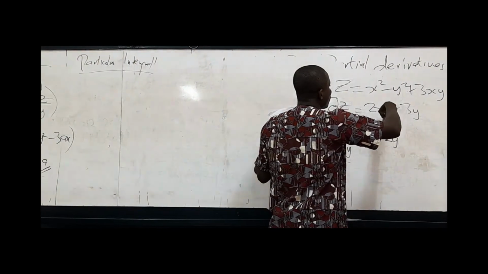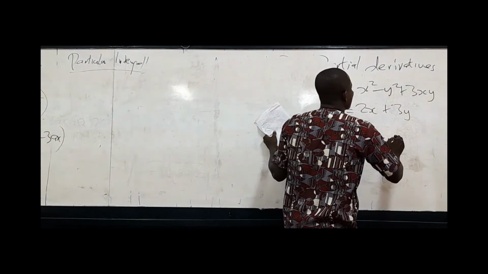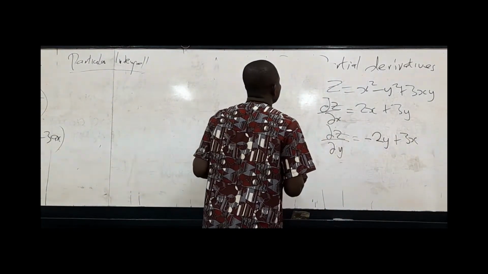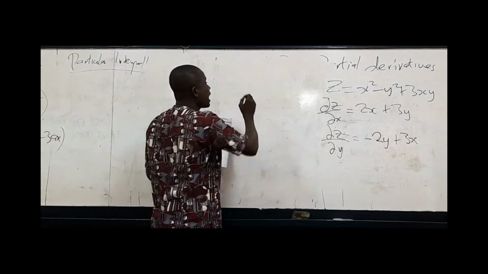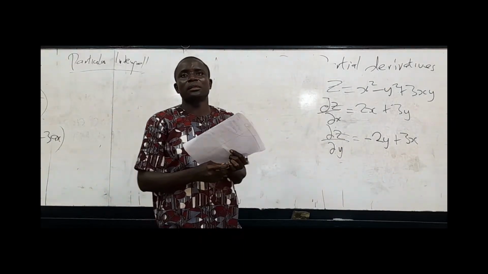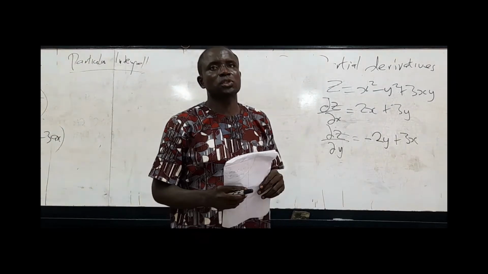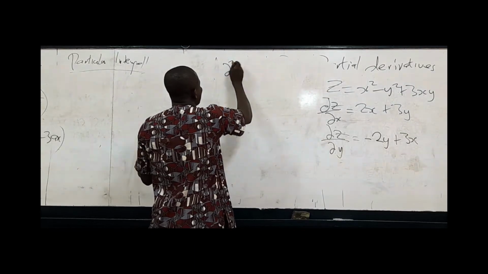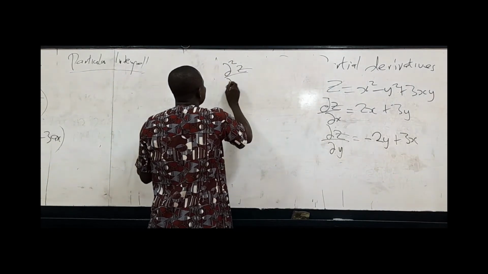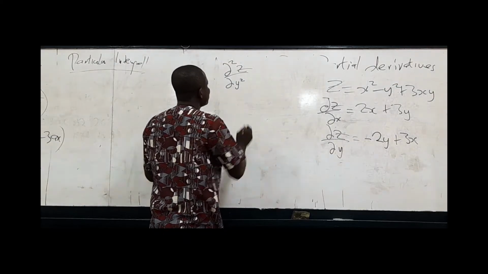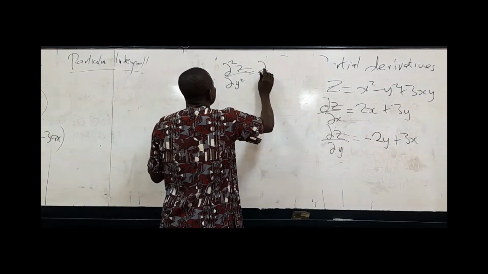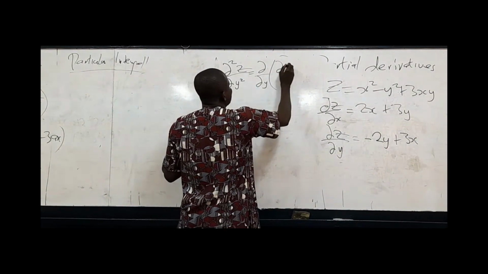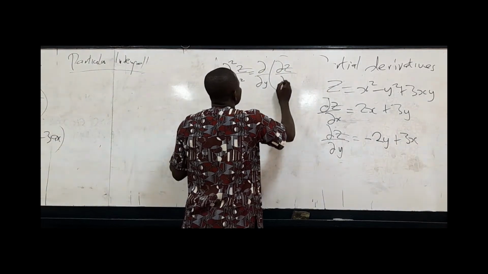That means this one will come and multiply and subtract 1 from it. And then y will give plus 3x. Is that okay? All right. So then you want to do the second derivative of z over y squared. What is it? It is d/dy of dz/dy.